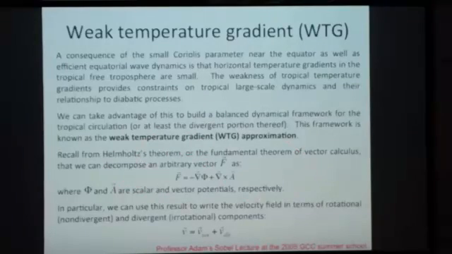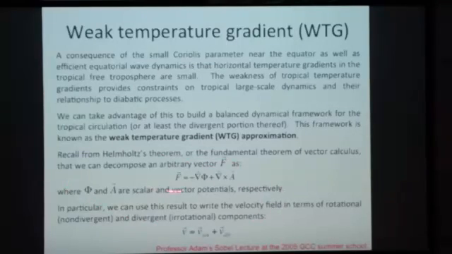Now, pulling out a little bit of vector calculus, maybe it's called the fundamental theorem of vector calculus, but it's also called Helmholtz theorem, that if we have an arbitrary vector F, you can decompose that arbitrary vector F in terms of these operations on two potentials. One is the scalar potential, so minus the gradient of the scalar potential, and then the curl of a vector potential A. So we can do this decomposition.